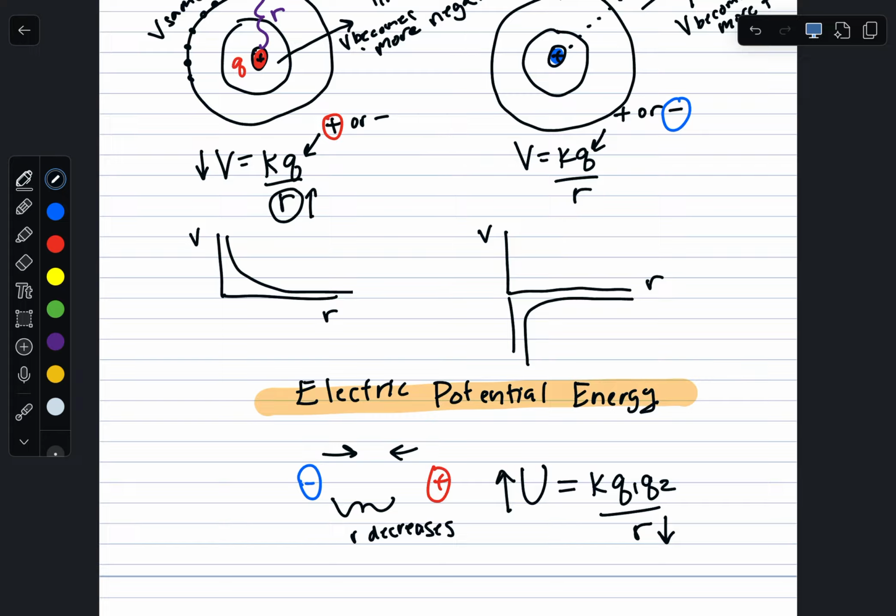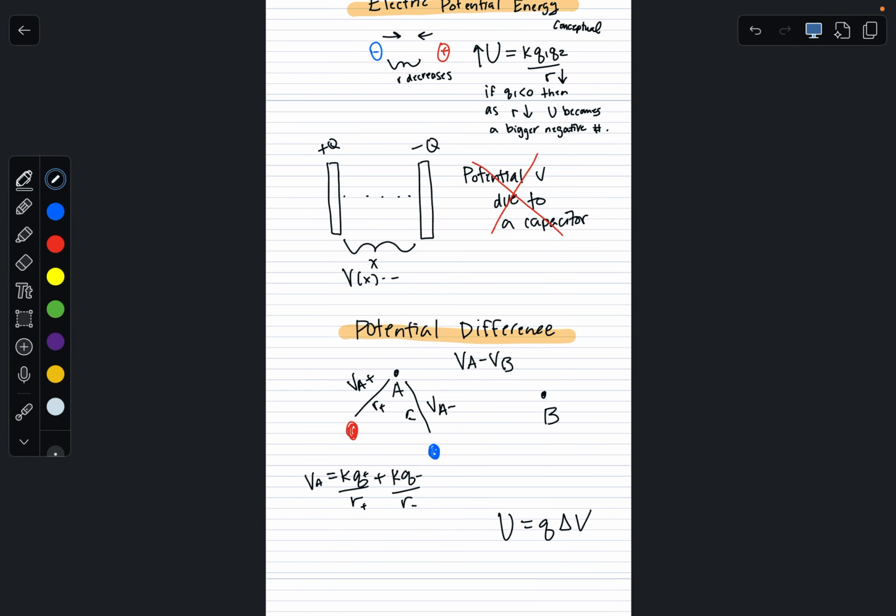But we want to know the difference between the potential of point A and point B. And the reason for that is because the energy is Q delta V, right? So if we know delta V, we know how much energy it would take to move a charge from A to B. So I'm just telling you the motivation of why we need to do this. We're not just computing random equations, right? So then we're going to find VB.